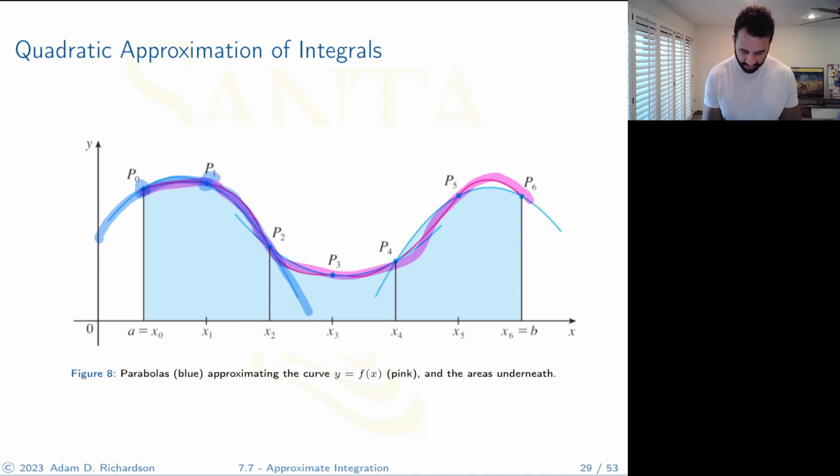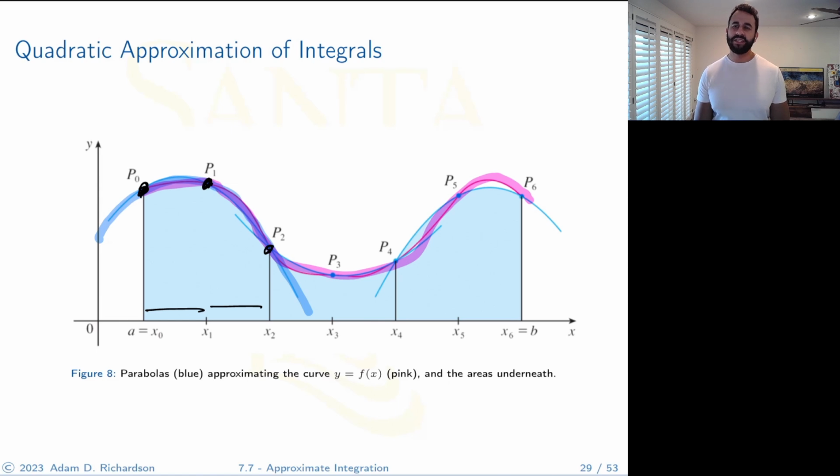Notice we needed these 3 points. Actually, let me emphasize that more. We needed these 3 points, P0, P1, and P2, in order to even form that parabola. That's why we need n to be even, because look, here we're using two subintervals, and the endpoints of those two subintervals give us 3 points, and those 3 points allow us to produce a parabola.